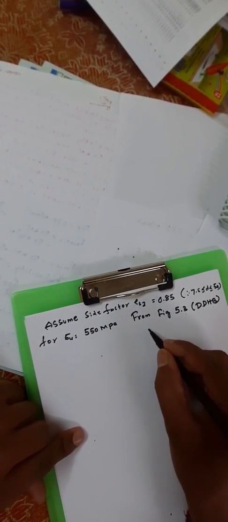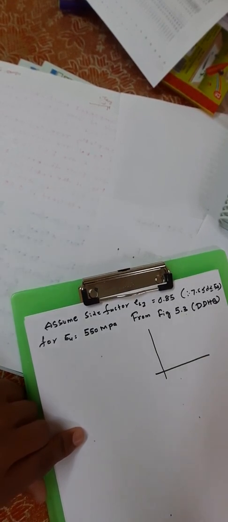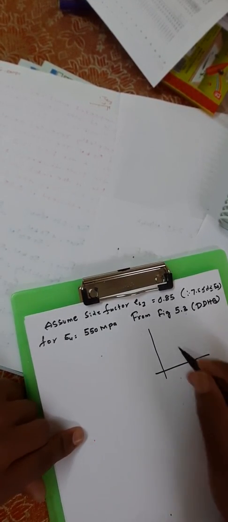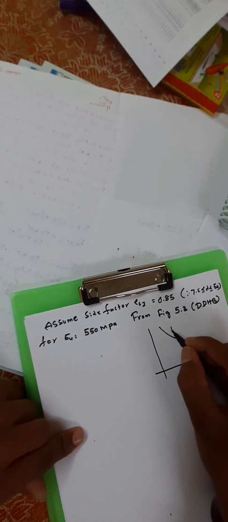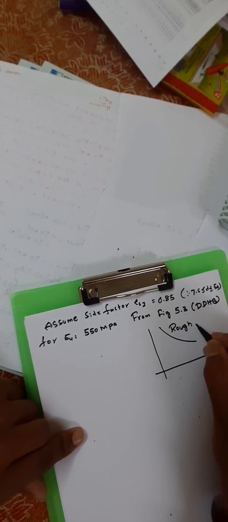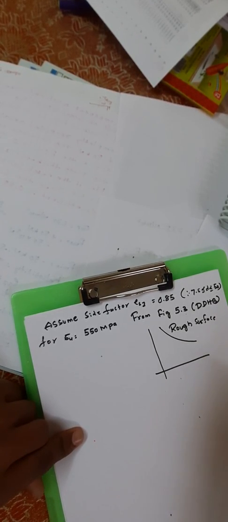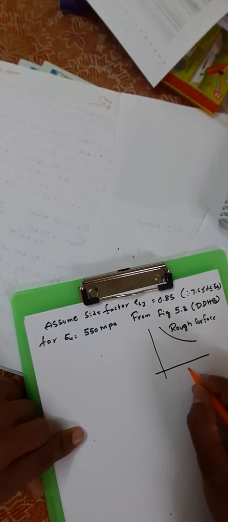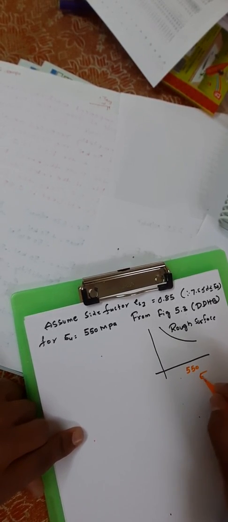Surface factor we already solved. I have already shown how to measure that value by using proper instruments. From the design data handbook, figure number 5.3, we have the rough surface. For that, we have an ultimate stress of 550 MPa, that is sigma u.